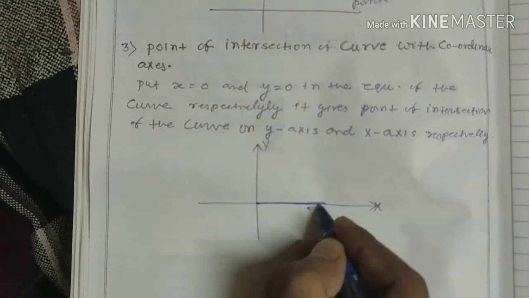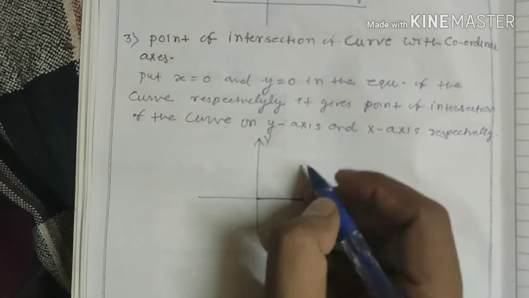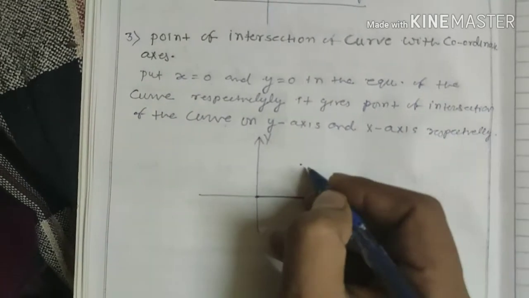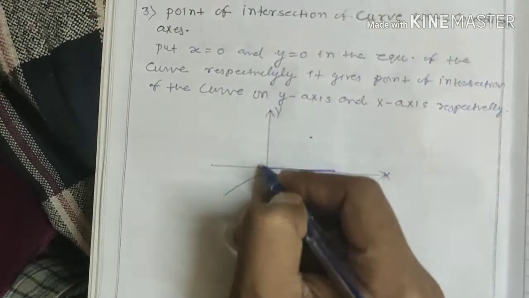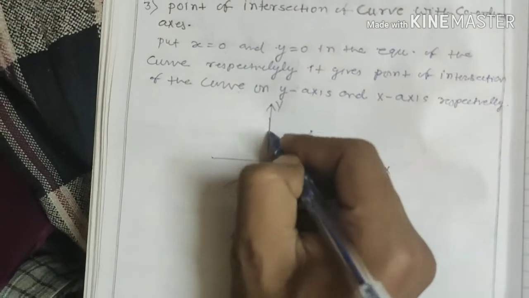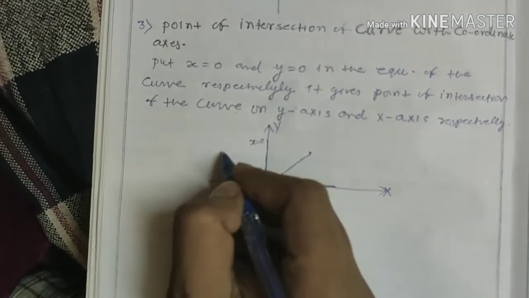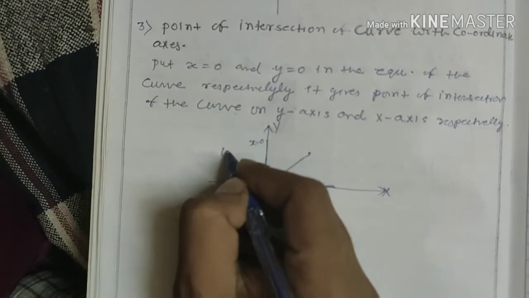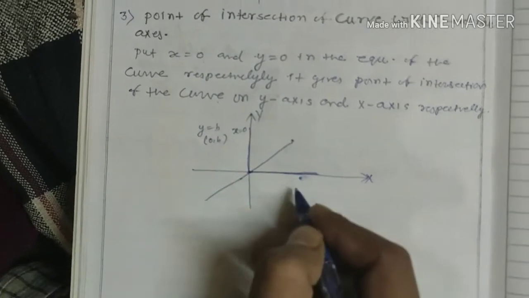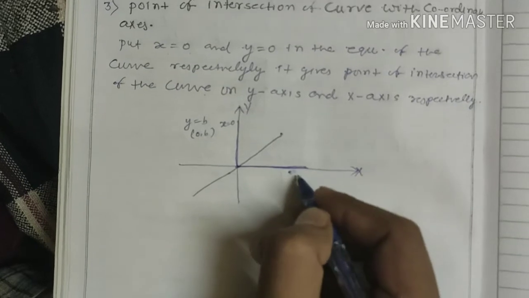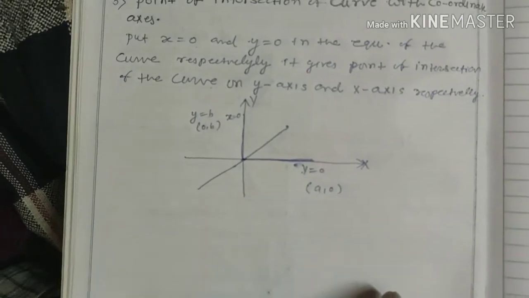If x equals 0, the point is 0 and b, so (0, b), and if y equals 0, the point is a and 0, so (a, 0).